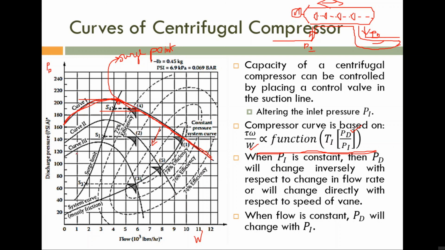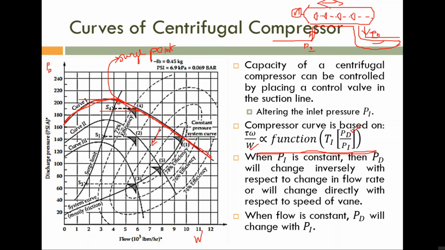The same thing will happen if you are changing omega and tau also. Is it okay, all of you? So please note in this diagram, curve 1, curve 2, curve 3 are associated with different Pi.